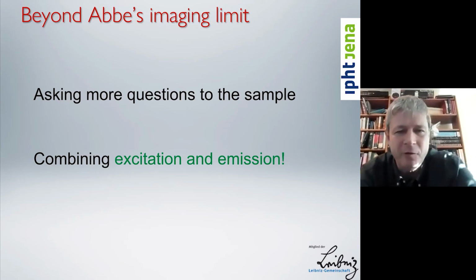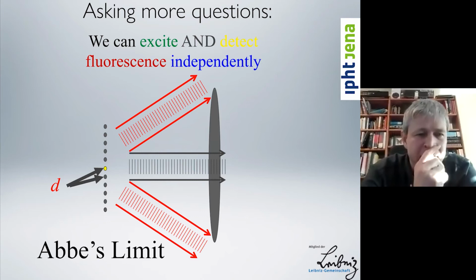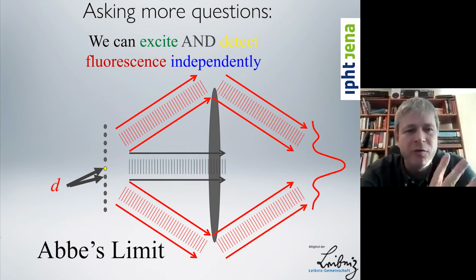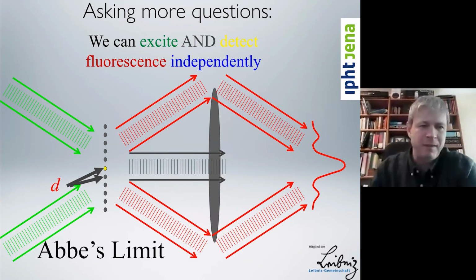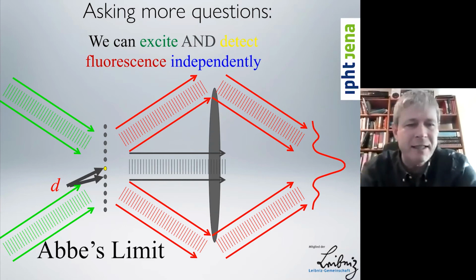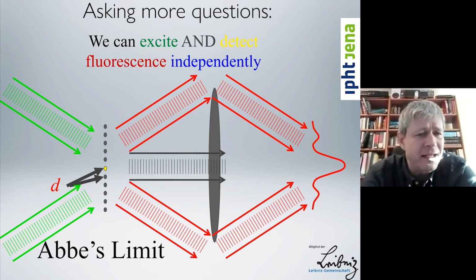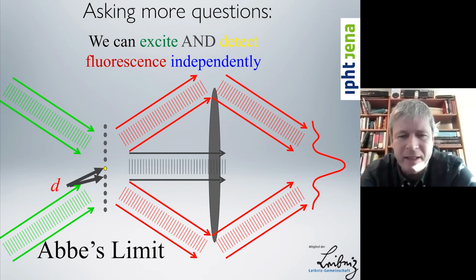Well, in fluorescence, we have this extra degree of freedom to play with our illumination, because a fluorophore can only fluoresce when it is illuminated with locally bright light, and it does not fluoresce if it feels locally dim light. You might say now, well, that should be the same with scattering. You're not scattering if there's no light.